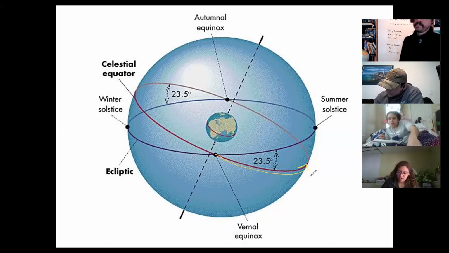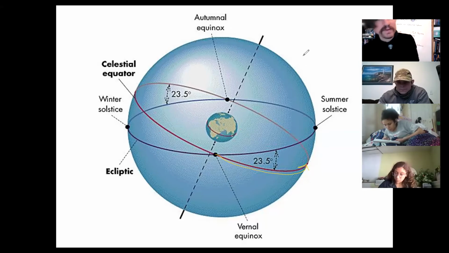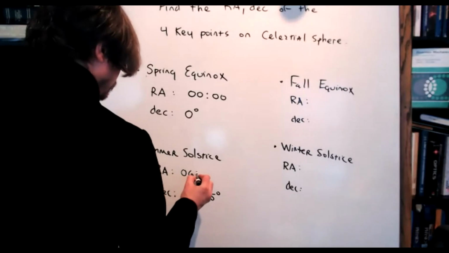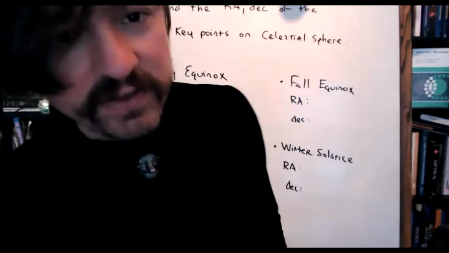So 8. Try again. Oh, 6. 6 hours. You're a quarter turn around the sky. Good. Okay, Jenna has passed her test.